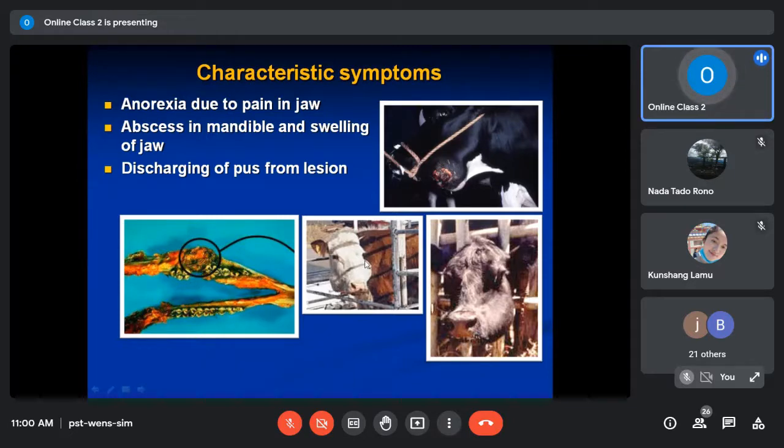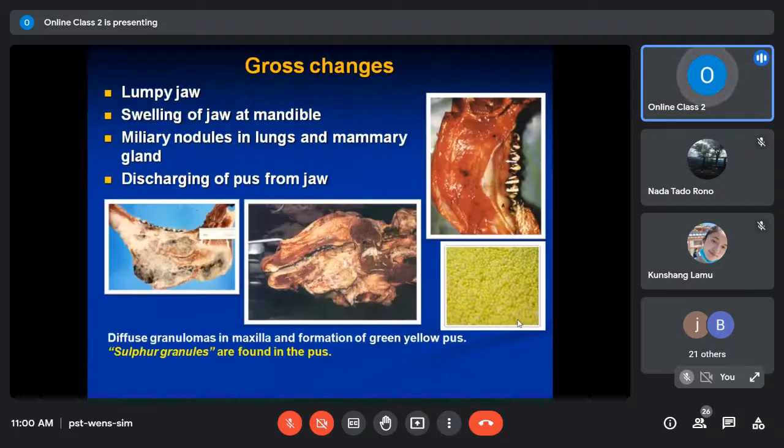So the affected animal may show such swelling of the jaw or mandible, and will show much pain when you touch it, and during examination also they feel very much pain. Grossly, the jaws are lumpy in nature, very hard and firm, enlarged and swollen, and there may be swelling of the mandible also.